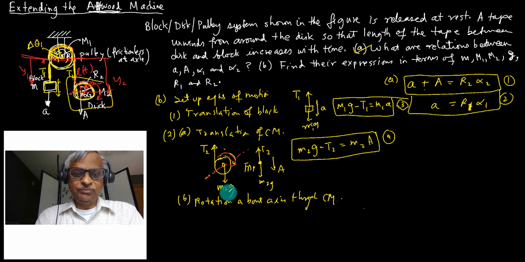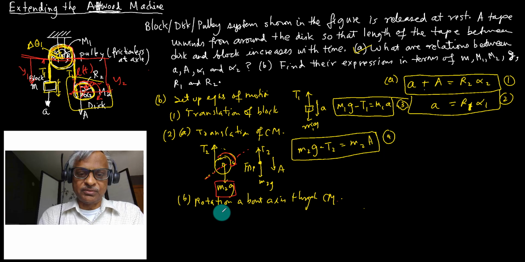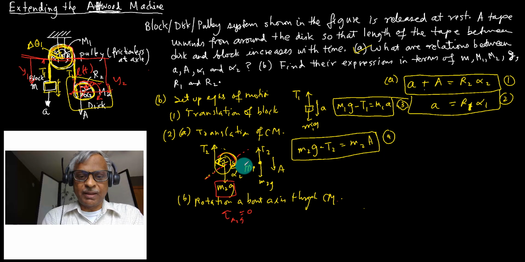So you can see that this has no torque. So the torque of M2G is 0. That means its only torque is from here, and this is R2. Alpha 2 is defined in that direction, and the torque from T2 is also in the same direction, same sense.